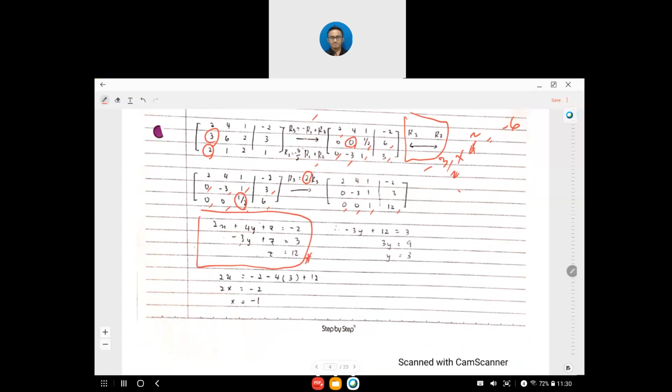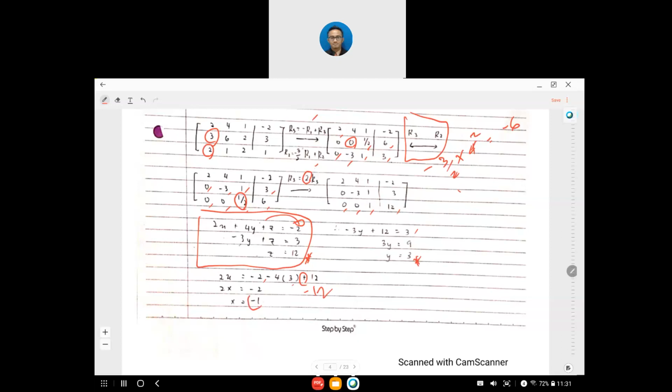And then you can find the value of Y. Negative 3Y plus 12 equals 3. And then Y equals 3. And then you can find the value of X. 2X equals negative 2, negative 4, 3. This one is supposedly negative, negative 12. It is not positive because you have moved to the other side. So it becomes negative 12.